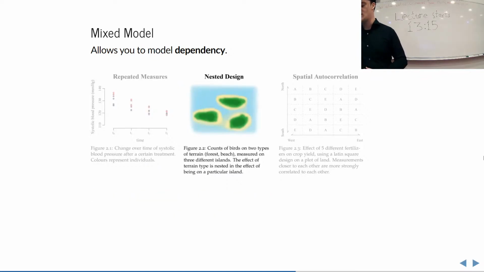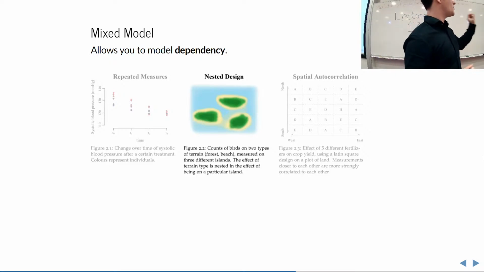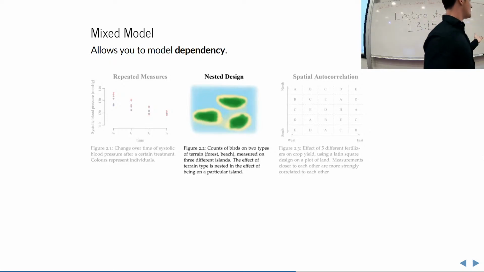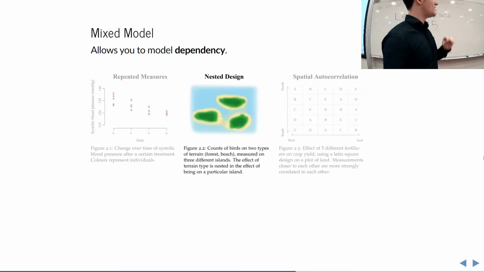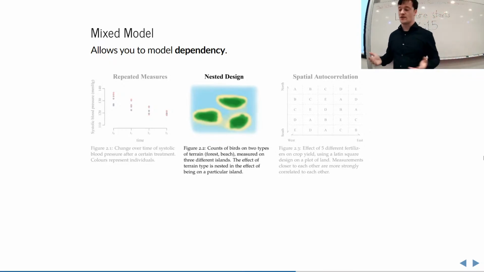Okay, second example. This is a nested design. In this case, we're not interested in the islands. We're interested in counts of birds on 2 types of terrain. So, excuse my drawing skills, but the green is forest, and the yellowish is beach. And we want to know, is there a difference between the number of birds we observe on the beach and in the forest?